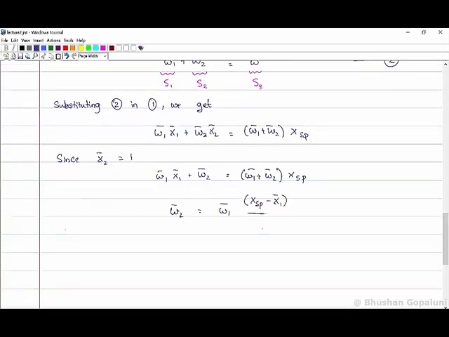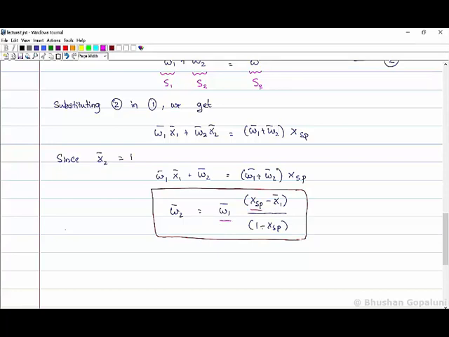And from the final equation, we can come up with an expression for W2 bar in terms of all the other known quantities. For instance, we know the inlet flow rate of stream 1, W1 bar. We are given the required target concentration XSP, and we also know X1 bar, which is the concentration in the inlet stream S1.